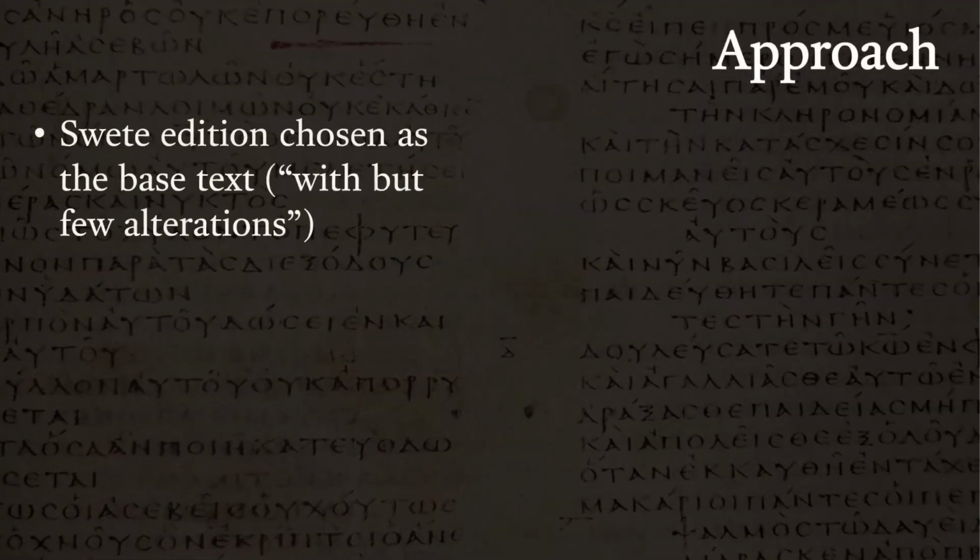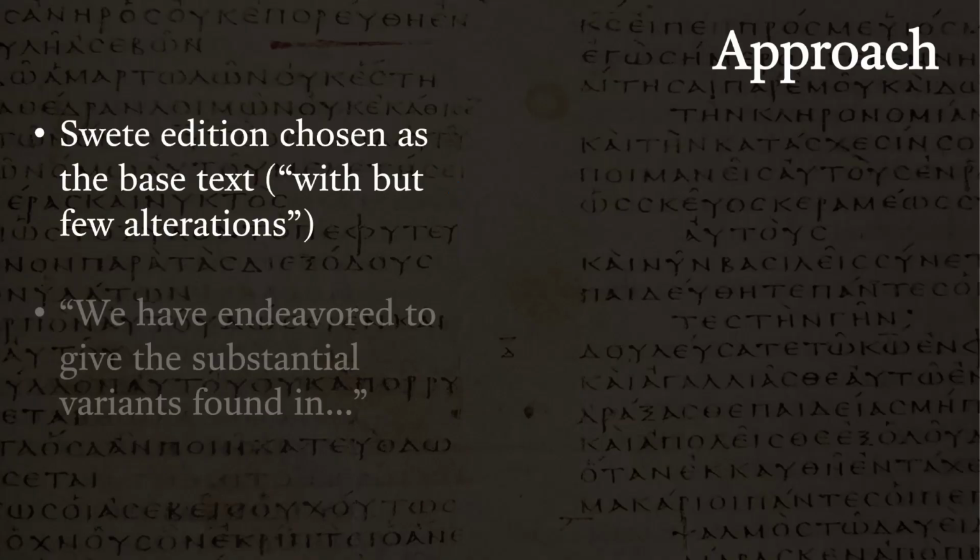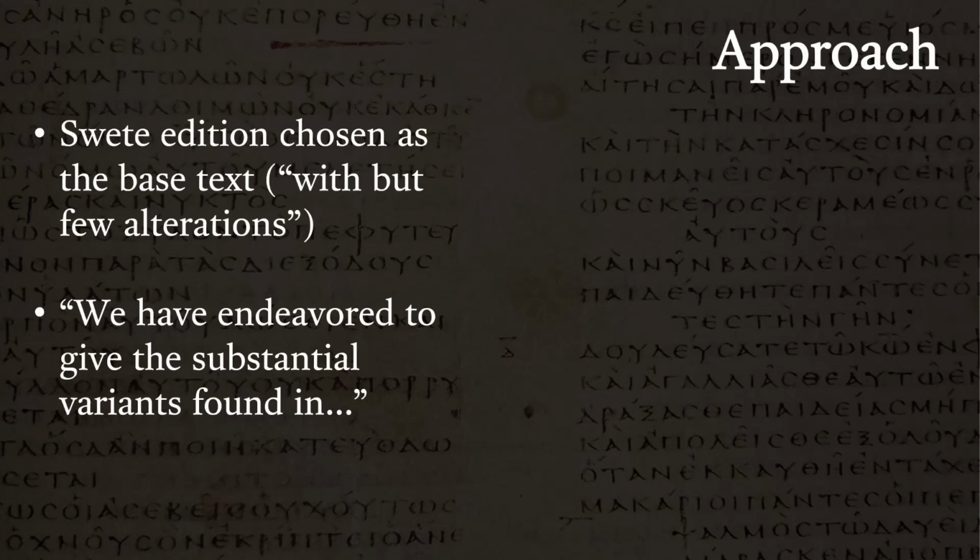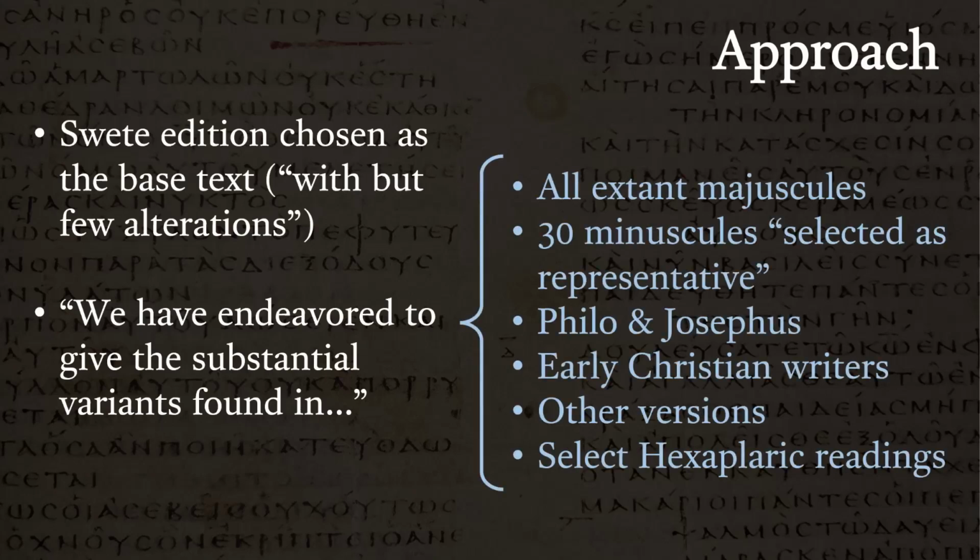Now, what is its approach? They began, as mentioned, with the Swete edition, but they did make a few alterations that they tend to mark with the dagger, the cross-looking sign. And they say, we have endeavored to give the substantial variants found, again, in this massive apparatus that we'll look at in a second. It includes all the extant majuscules, or what they call uncials, as they existed in their day.